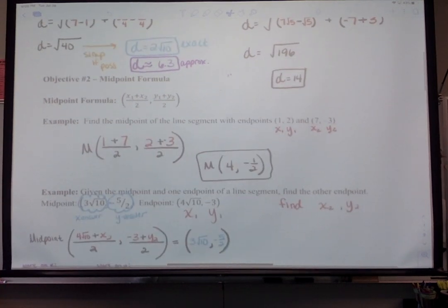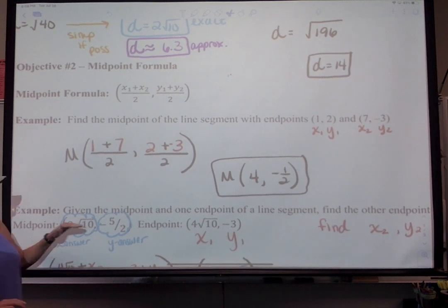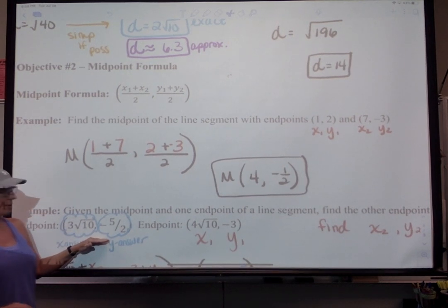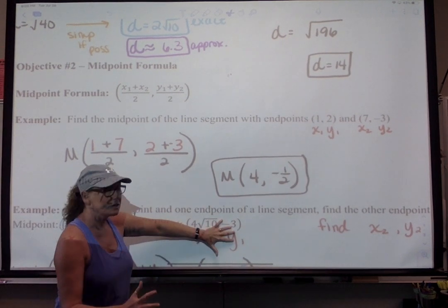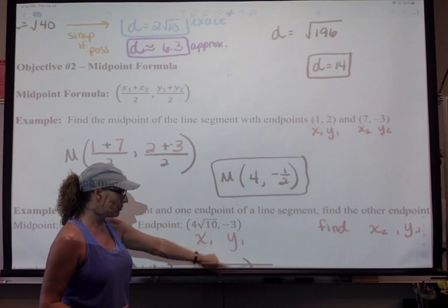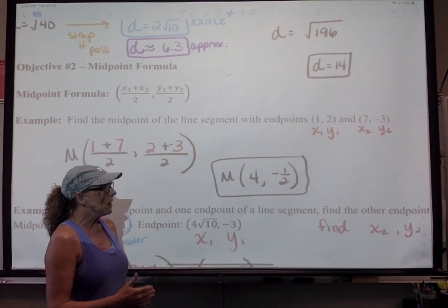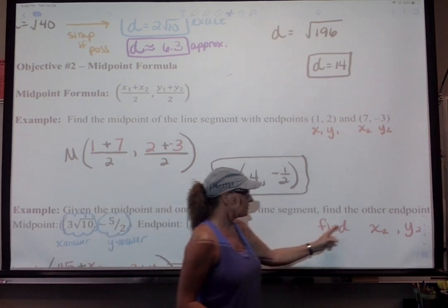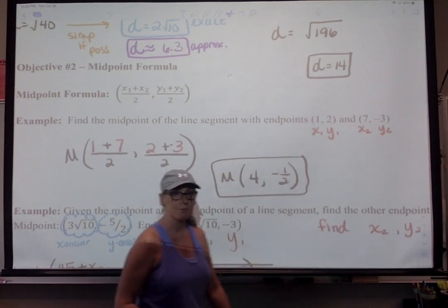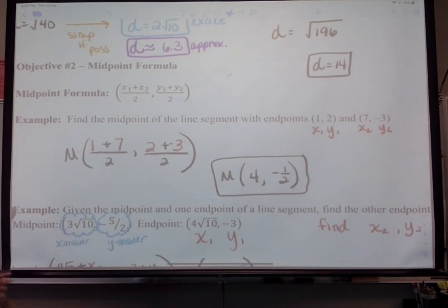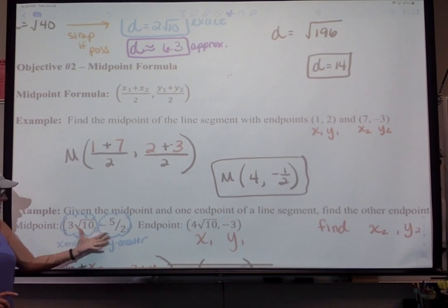All right, this one's an interesting problem. This one gives us the midpoint. Here's one of our points, so I called it x1 and y1. We have to find the other one, so we have to find x2 and y2. Now keep in mind that this is the midpoint.